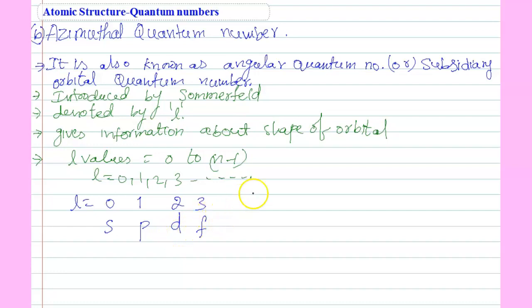And the shapes. So what about the s orbital shape? s orbital shape is spherical. Then what about p orbital? p orbital shape is dumbbell.